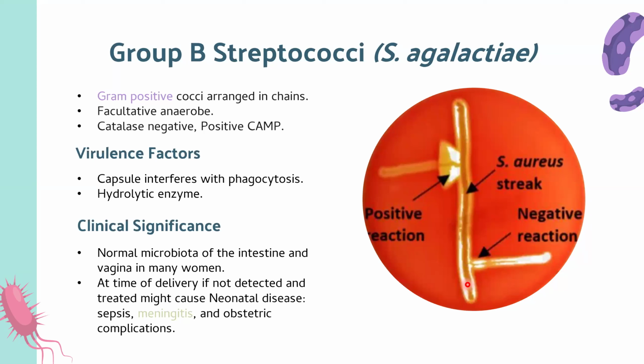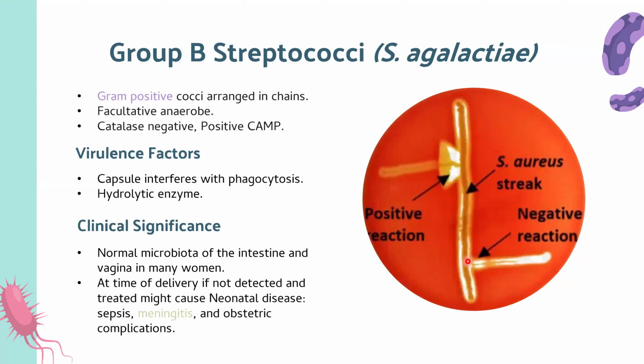Now, what is the CAMP test? Essentially, what I'm trying to do here is I'm combining two beta hemolytic organisms on a blood agar. I put a streak of Staph aureus, and then I put horizontal streaks perpendicular to it of the organism that I have. A for arrow. If it creates this arrow type of appearance, this is very indicative of strep agalactiae, and this is a positive CAMP test.